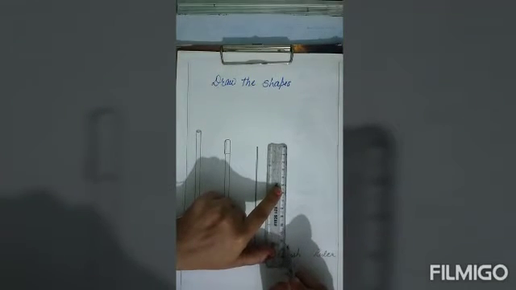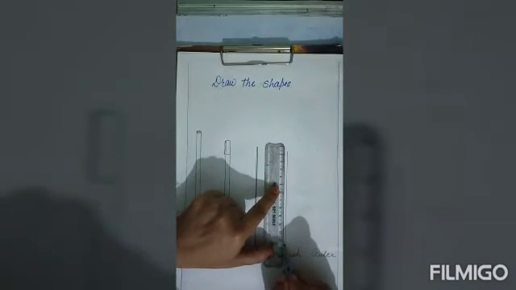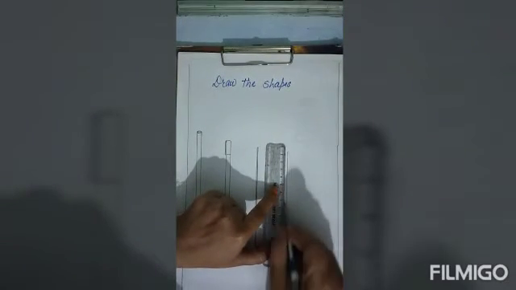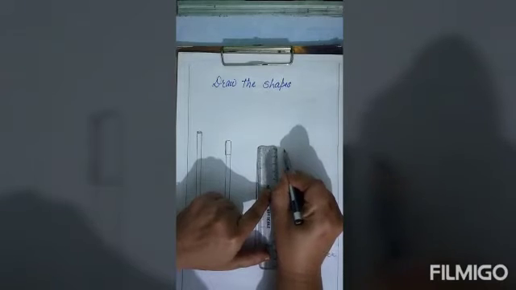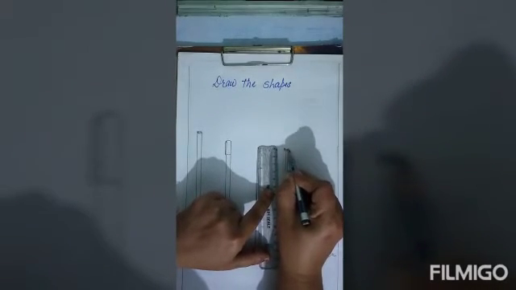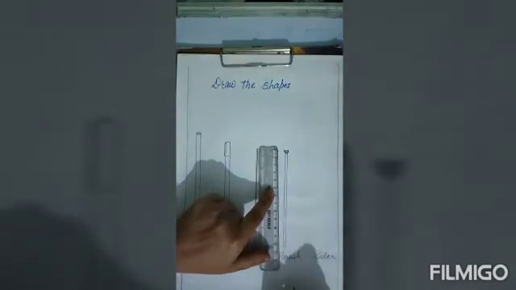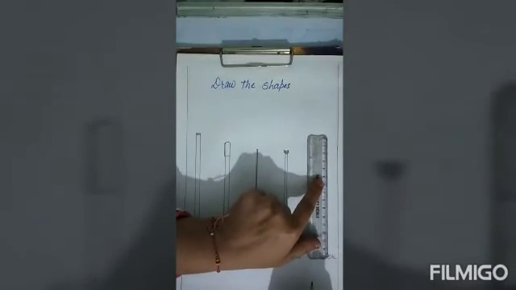This one is my brush. These are its bristles. And this one is the ruler.